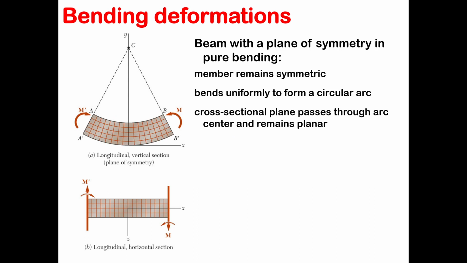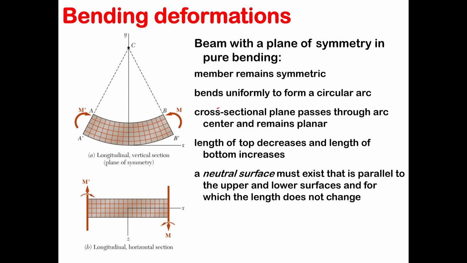And the length of the top of the beam decreases, the length of the bottom of the beam increases, which means that we always have to have a neutral surface. So a neutral surface in this direction, of course, must exist that is parallel to the upper and lower surfaces, for which the length does not change.